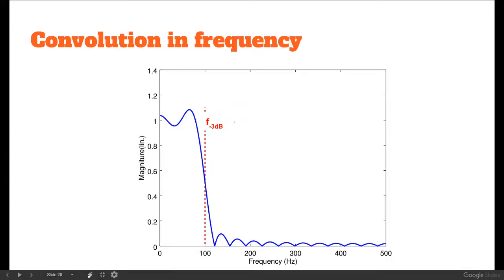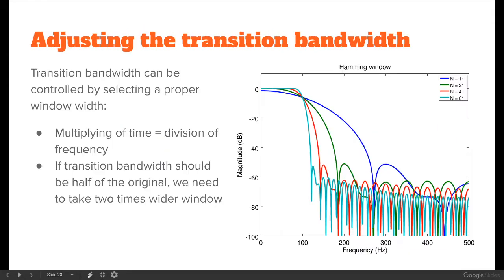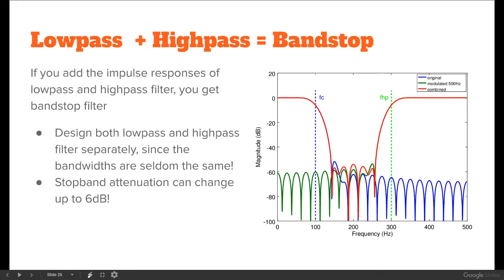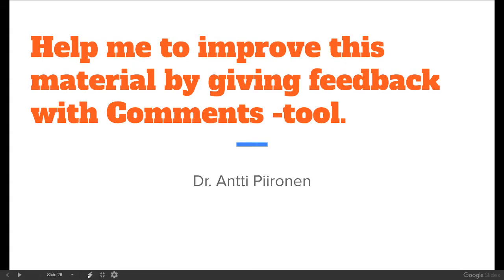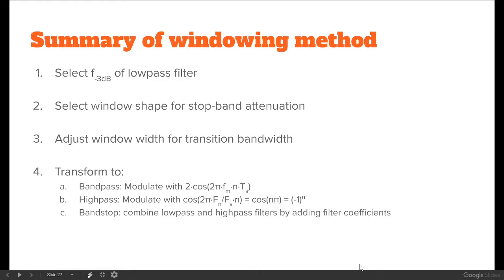So basically, let's see that we are there. Selecting the -3 dB point of a low-pass filter, then selecting the window shape, and for stopband attenuation, adjust window width with transition bandwidth. Yes, something like that.